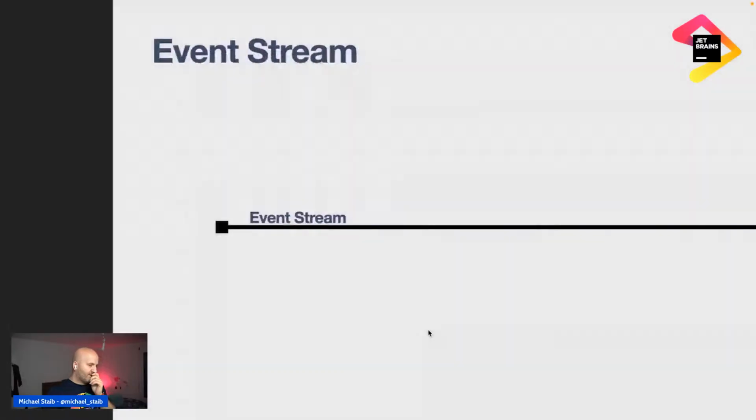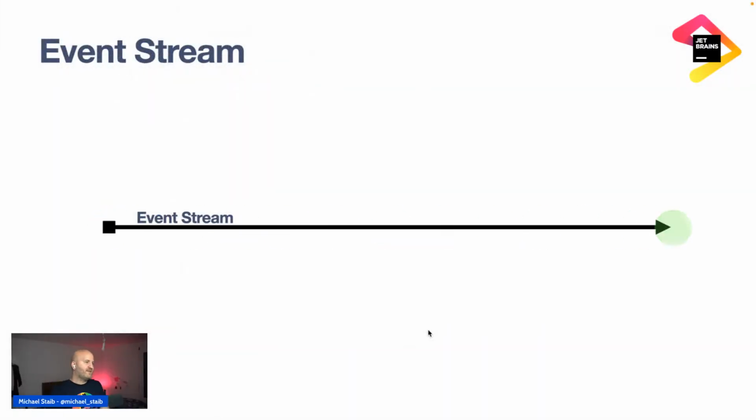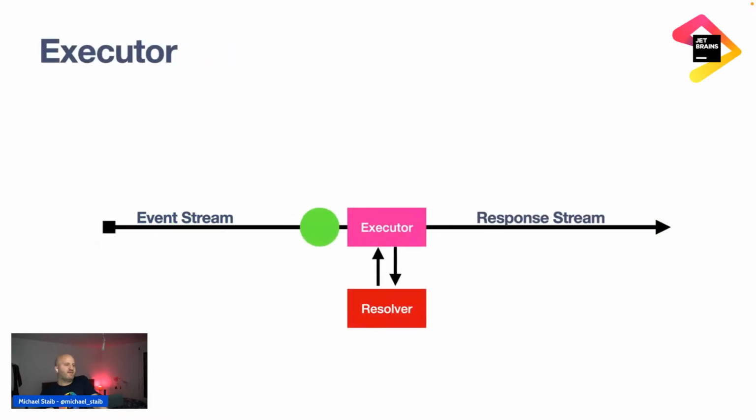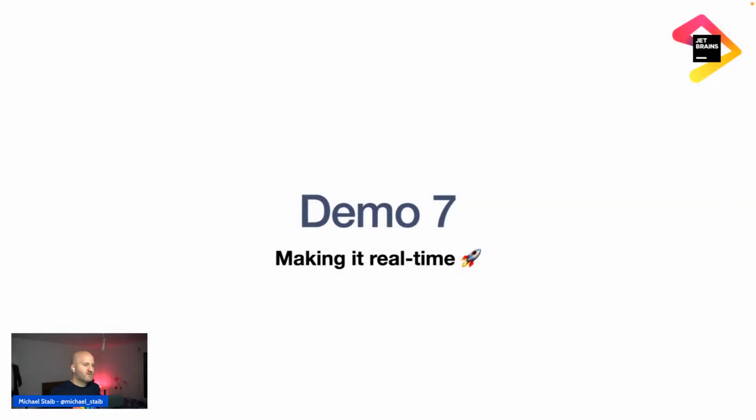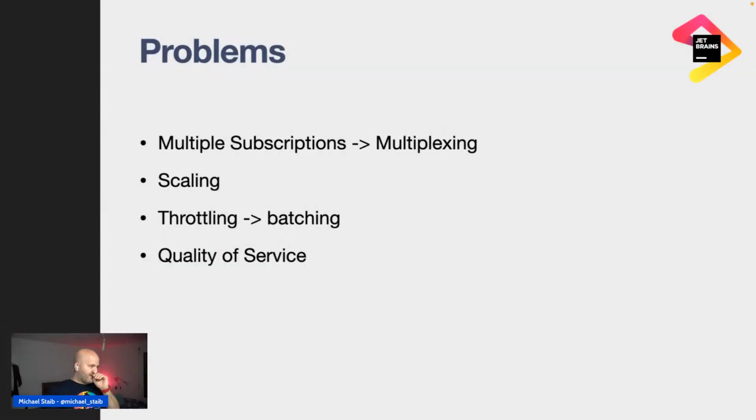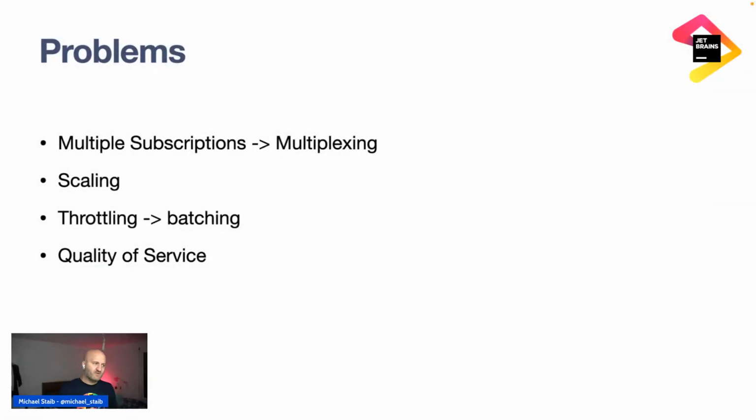Okay. Let's go over that. That was the theory. I explained that we have an event stream internally, and that event stream triggers the executor, which then transforms it, in this case, into the asset price object and returns it to the user. We did that. Things you have to think about with subscriptions is scaling.